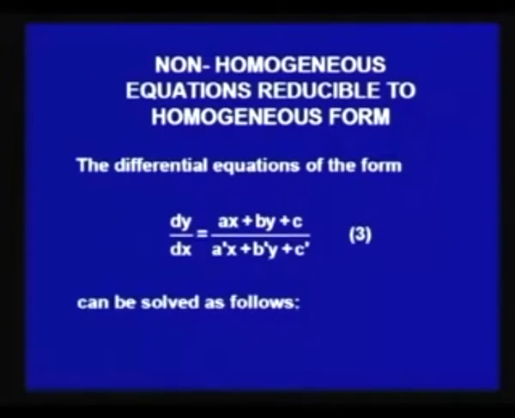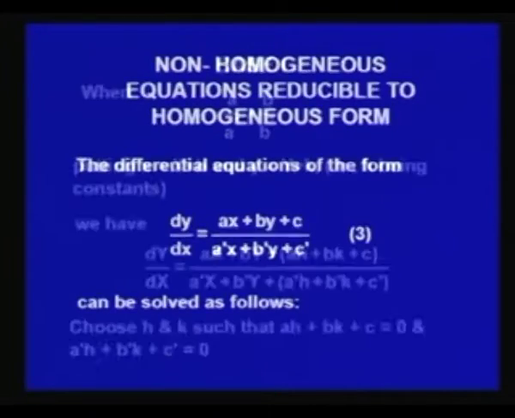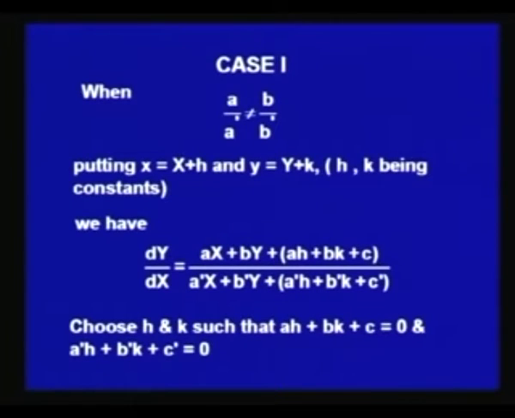Now, we consider the case of non-homogeneous equations which are reducible to homogeneous form. The differential equations of the form dy by dx equal to ax plus by plus c over a dash x plus b dash y plus c dash can be solved as follows. First, we take up the case where a over a dash is not equal to b over b dash.